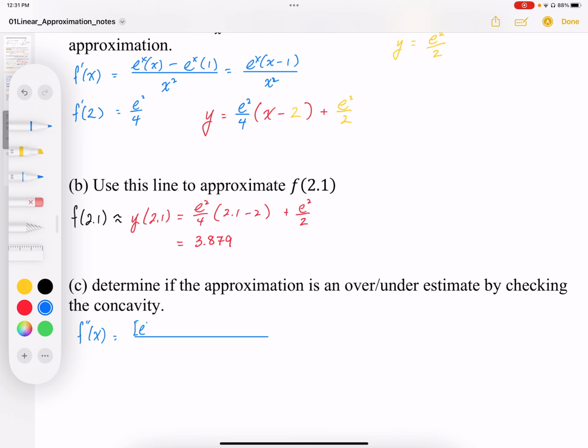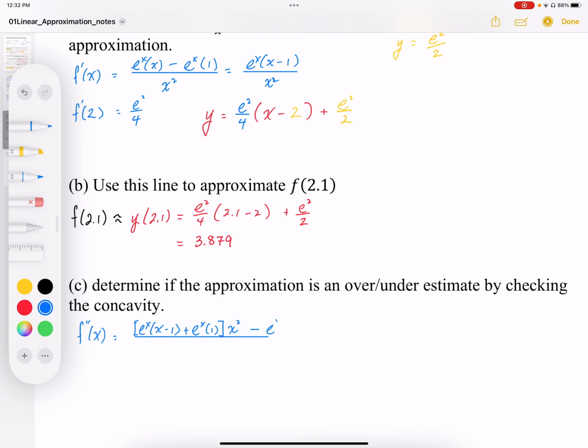So I end up with e to the x minus 1 plus e to the x times 1, which is the derivative of x minus 1, and then multiply that by the denominator, x squared. Okay, so that's the product rule and the first part of the quotient rule.